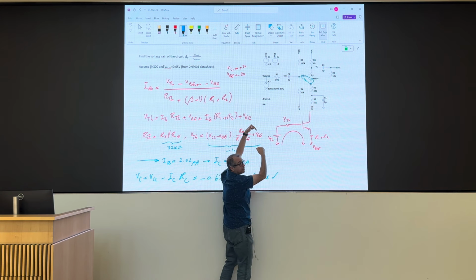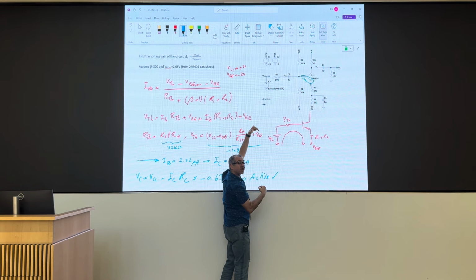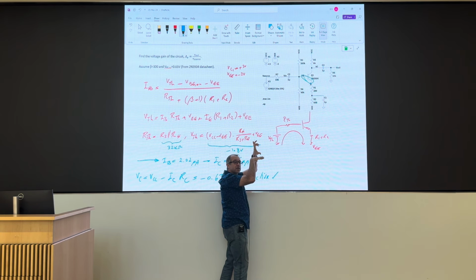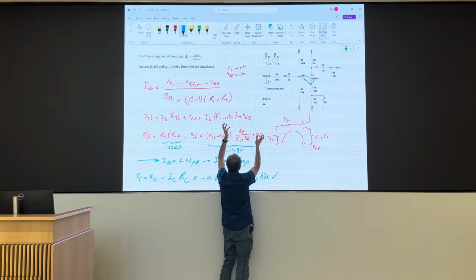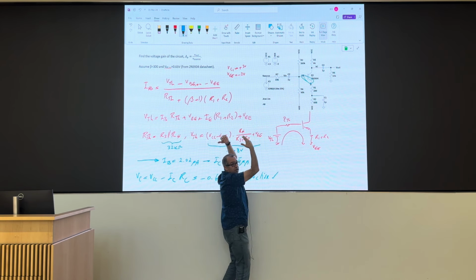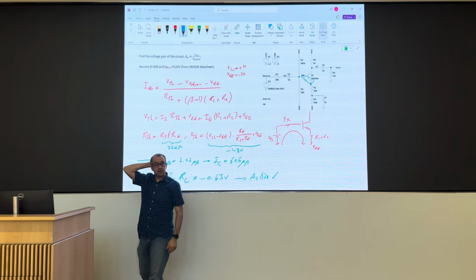That's the voltage drop across R4. But I'm measuring it from minus 3 volts, right? So the open circuit voltage is going to be that voltage drop above the bottom supply. That's the bottom supply, right? Yeah. So V is minus 3, this is 1.2, I guess, adds up to minus 1.8. Not clear?